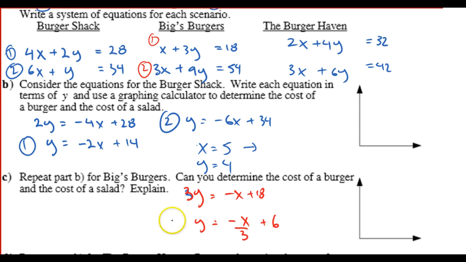That's the first equation, and the second equation is going to be 9y equals negative 3x plus 54. Divide both sides by 9, and I get negative x over 3 plus 54 divided by 9 is 7, or rather 6, excuse me.